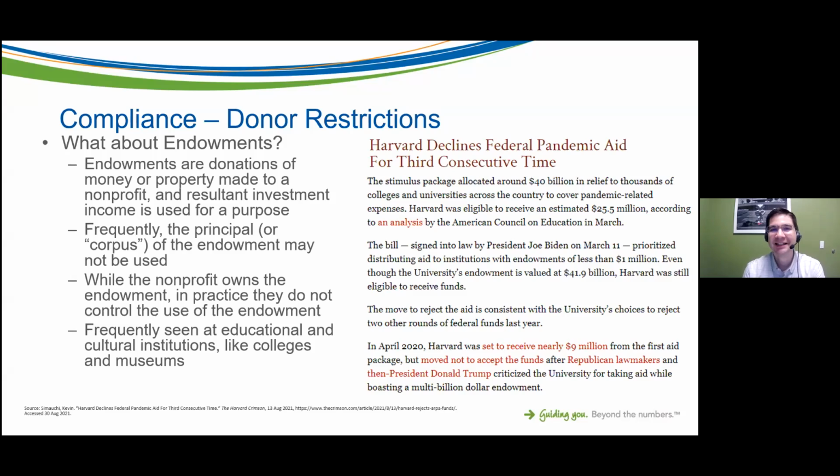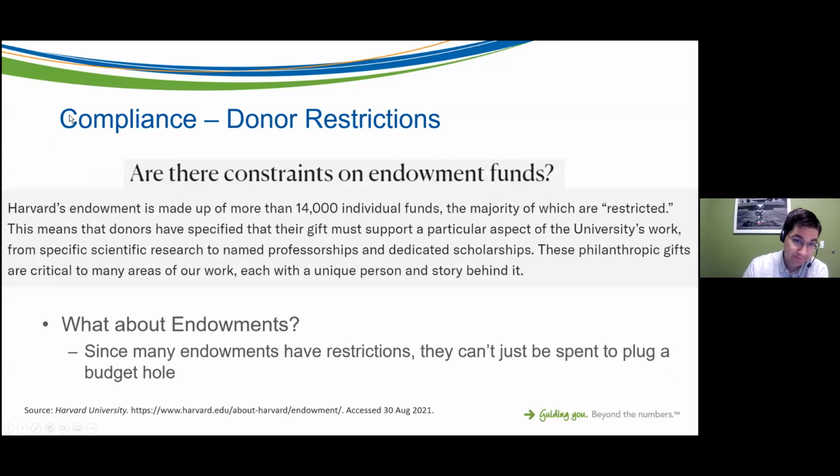Well, if they are not able to control $41.9 billion, they would be violating their endowment rules, and the donors would be not happy, to say the least. So I looked at the Harvard website to see what they said about their endowment funds. And they said, as one of their FAQs, are there constraints on endowment funds?